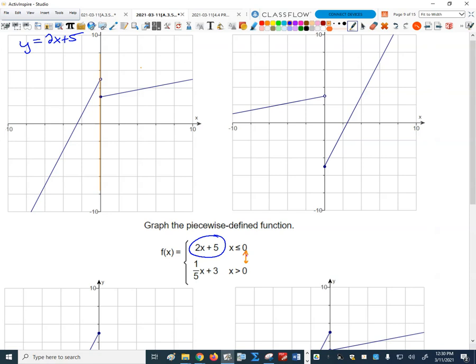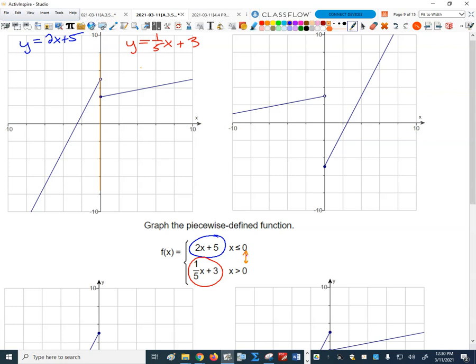And when x is greater than 0, we should be graphing the function y equals 1/5 x plus 3. Okay? Let's see if that works.